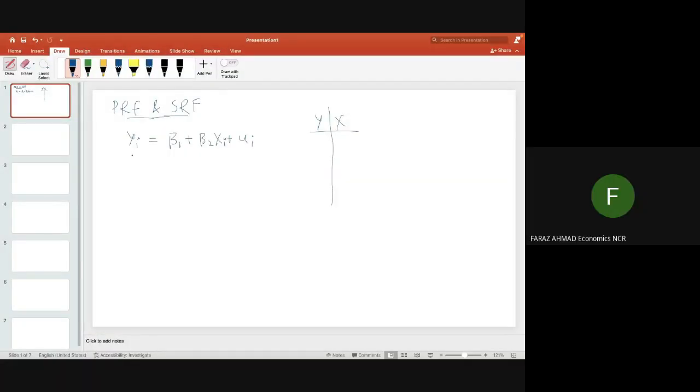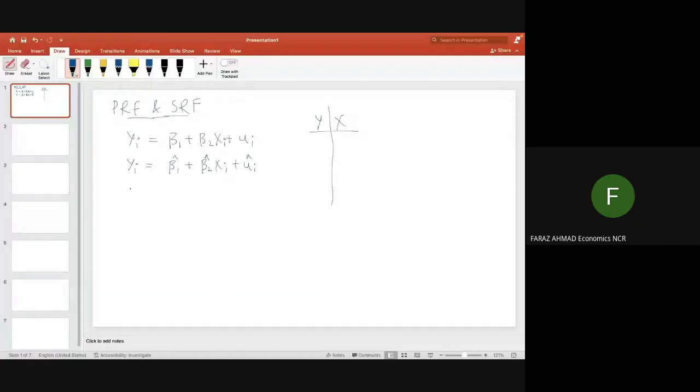We use OLS and we fit a line to the sample data, and that line is beta 1 hat plus beta 2 hat Xi plus ui hat, and these ui hat are the residuals. Beta 1 hat is an estimator of beta 1, beta 2 hat is an estimator of beta 2.